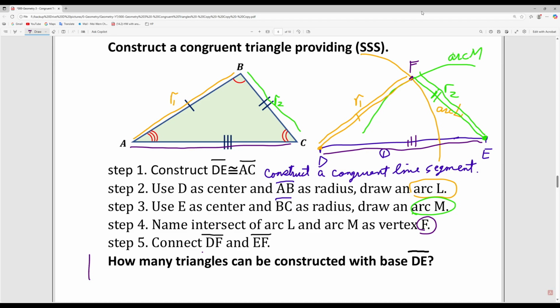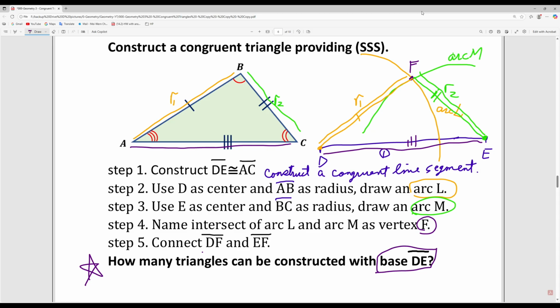The answer is here. How many triangles can be constructed with base DE? So on the base DE, do you believe there's the only one triangle I'm able to construct? Yes, you only find one point F, right? So there's the only one congruent triangle.